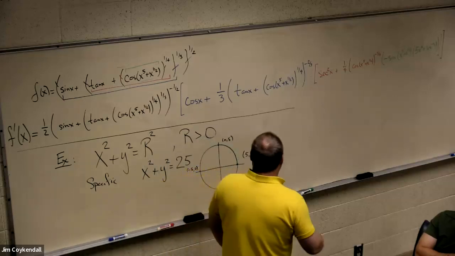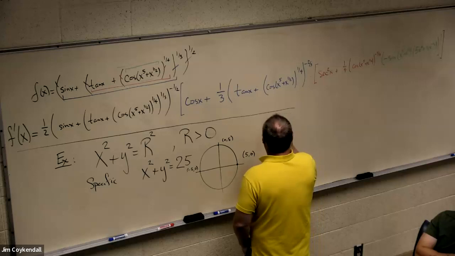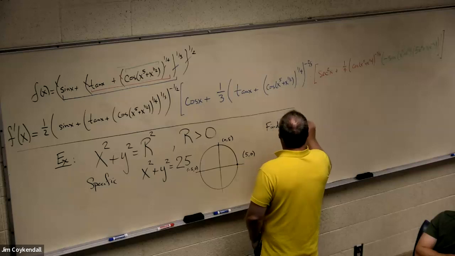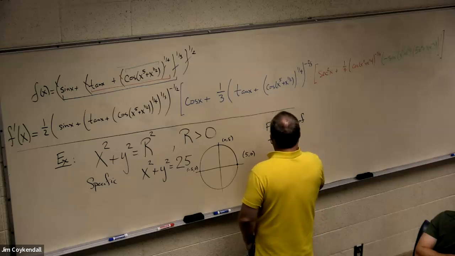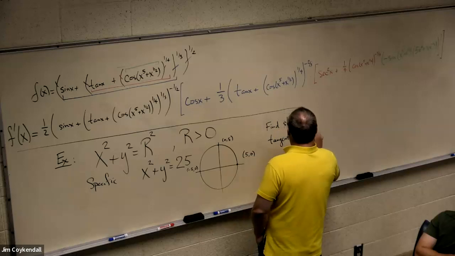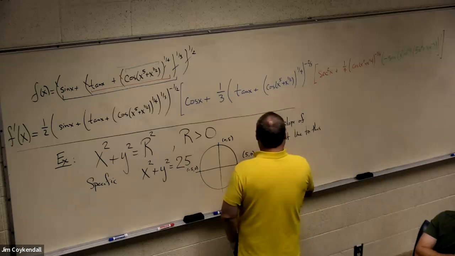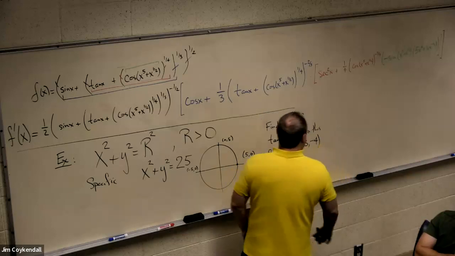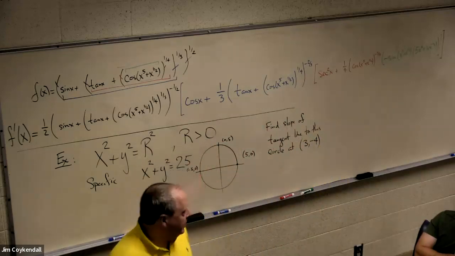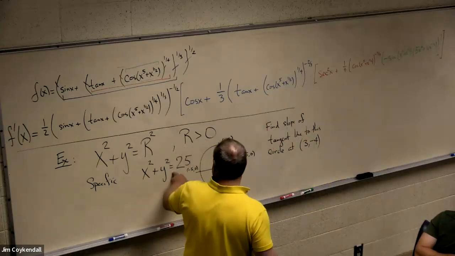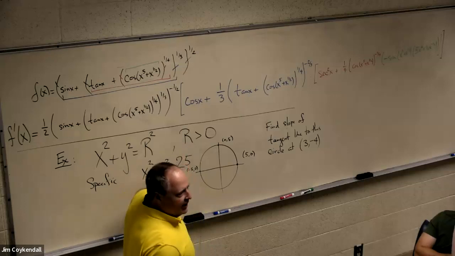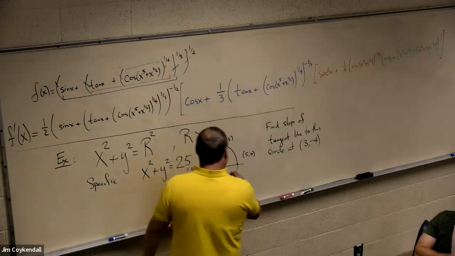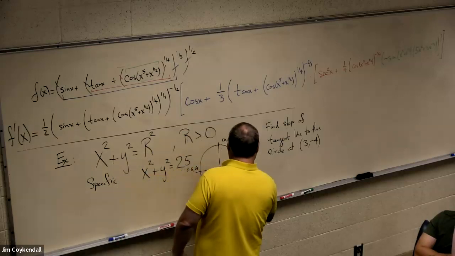Now, here's the problem. Notice that 3, minus 4 is on this circle because 3 squared is 9, 4 squared is 16, adding to 25. And I guess that point would be about right there.